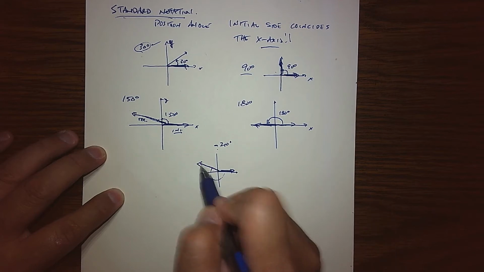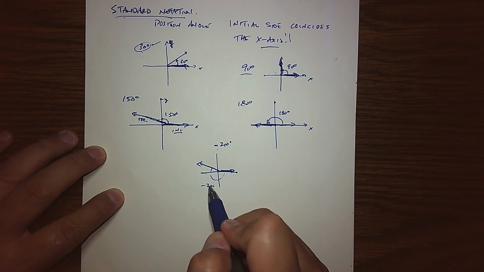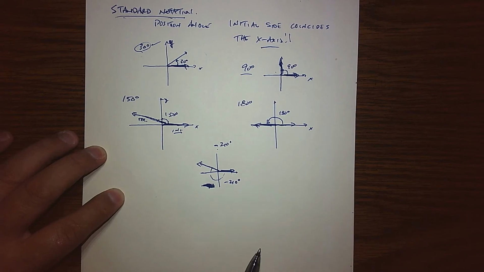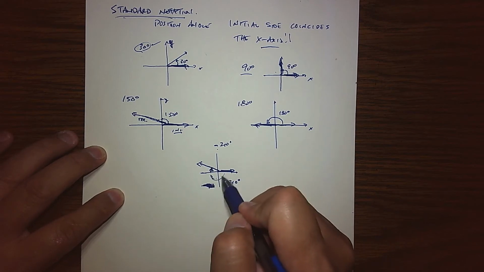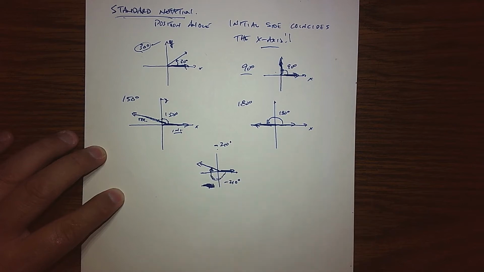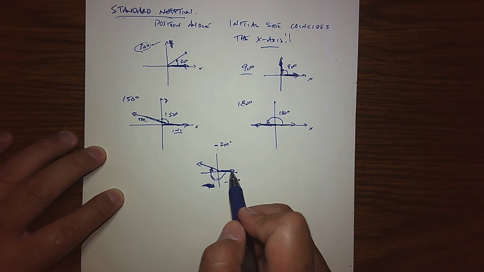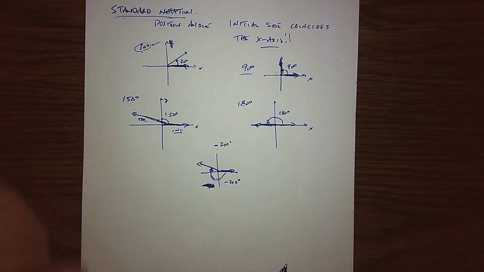So we're heading right there. Let me write that a little nicer. There would be a measurement of a negative 210 degree rotation in standard position. We're starting along the x-axis and rotating negative 210 degrees.